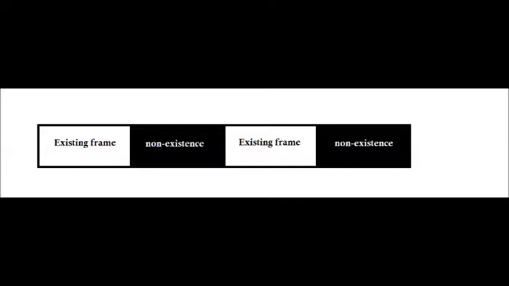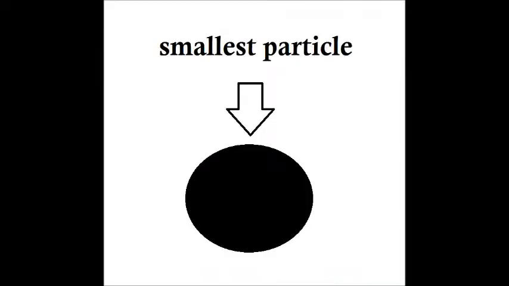But there is still something else. If there is such a thing as the smallest particle, then it would be impossible to divide this particle any further. Even if we used an infinite amount of force to try to cut this particle in half, it would still be impossible, theoretically.